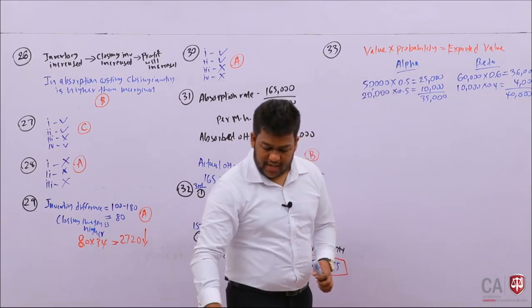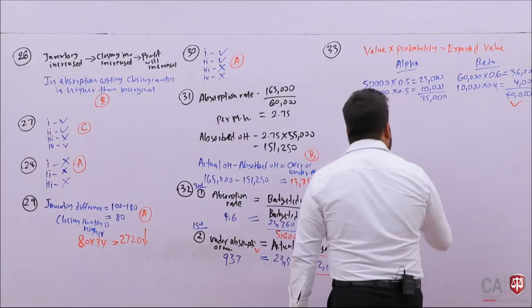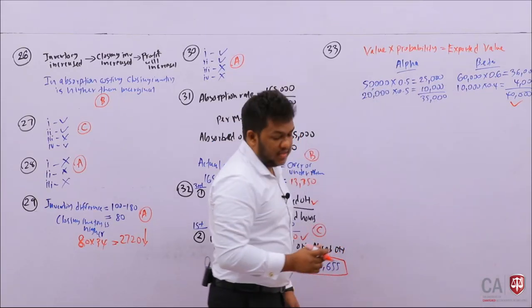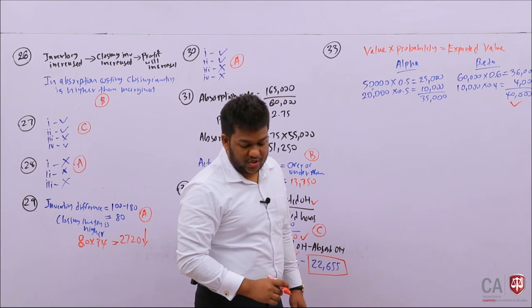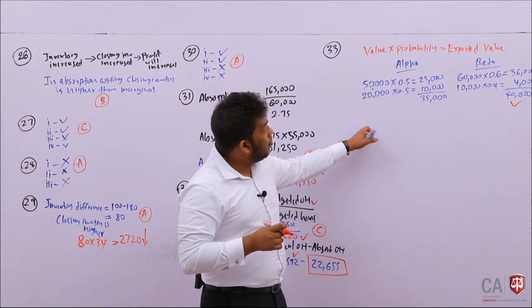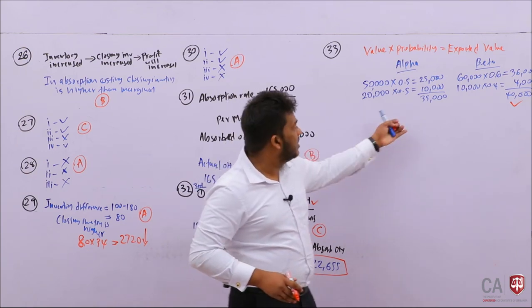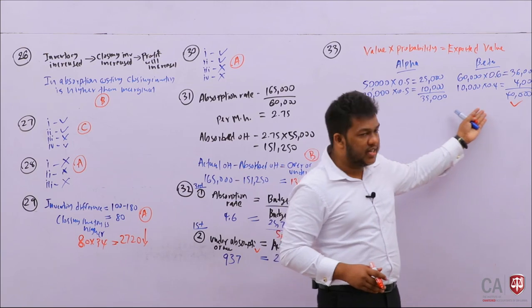From these two, whichever is higher is the answer. So what is the correct answer? Now tell me, if these are not mutually exclusive, this says decide between two. If you can invest in both, will you invest in both? Yes. Why? Because this also generated a plus, this also generated a plus.